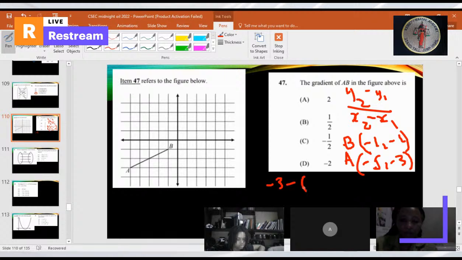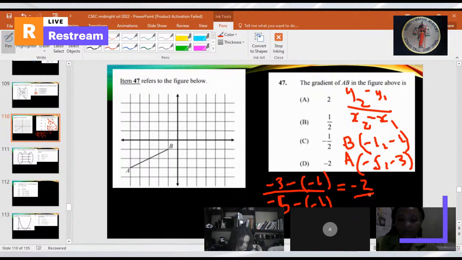y2 minus y1 over x2 minus x1. So that would give what? -3 plus 1, that's -2. -5 plus 1, that's -4. So 2 over 4, and that's a half.